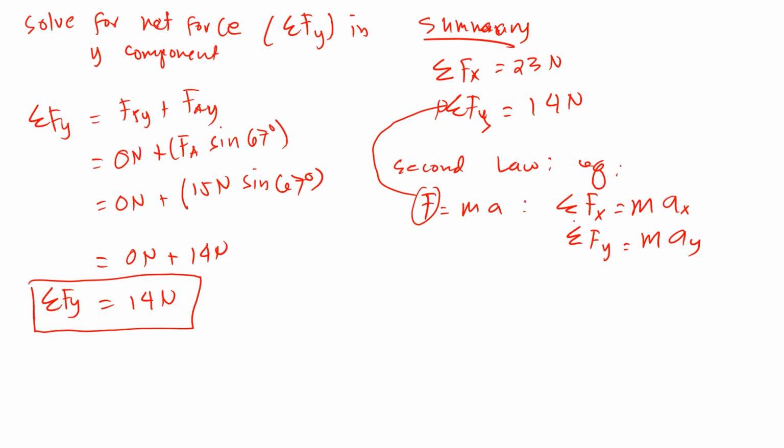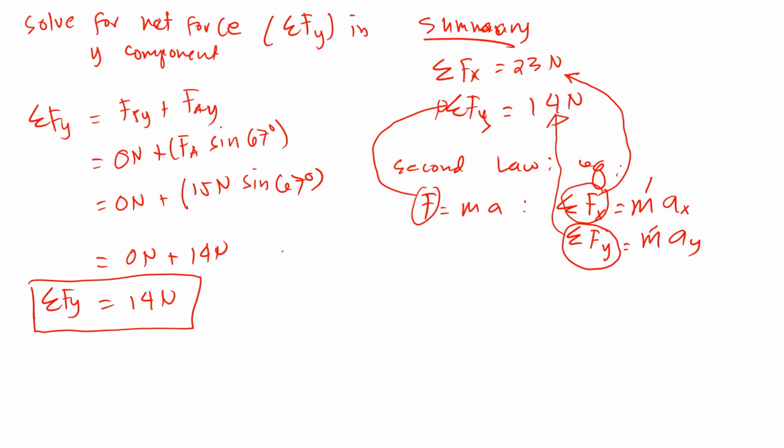So the value for summation of f sub x is available, we have the computed value for that, and the value for summation of f sub y is also available. We have also computed value for that, and the mass is given, which is equivalent to 1,300 kilograms, that can be found in our problem. So it's time for us to solve for the acceleration of the raft in terms of x and y components.